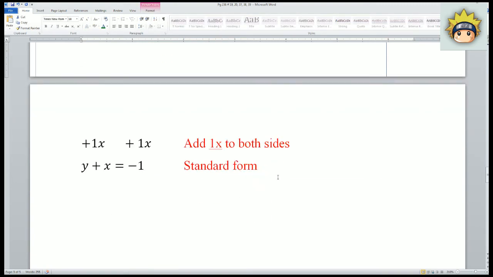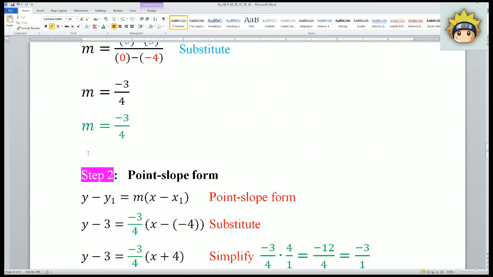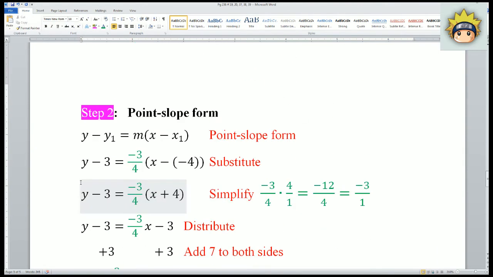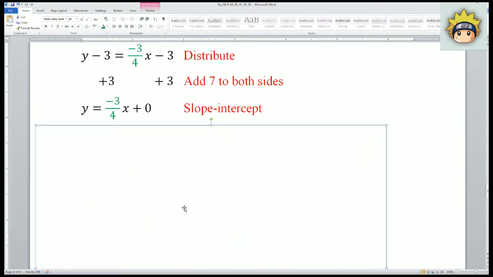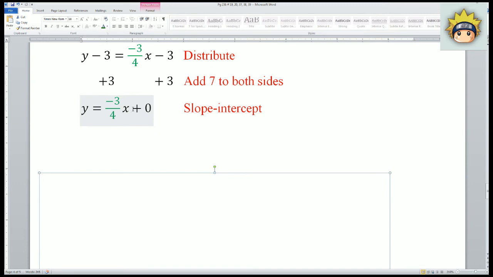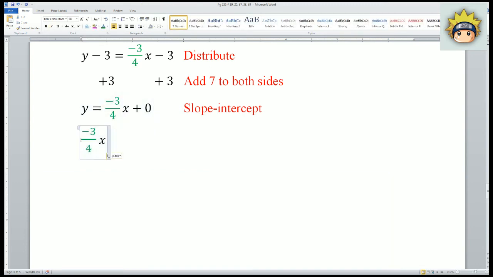Next, this is really bad here. Let me show you. Let me just bring this down here. Next, what you should do is add 3x to both sides, because this is a minus. So add 3x to both sides.